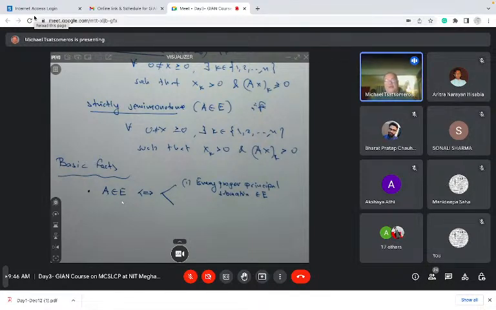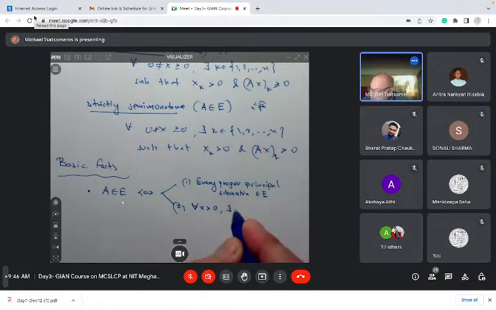Really what it means, going from left to right, is that if A is in E, then every principal submatrix is in E. To go backwards, you don't need only every proper one, but you need a second condition: for every x that has positive entries, there exists a k from 1 up to n such that AXK is positive.